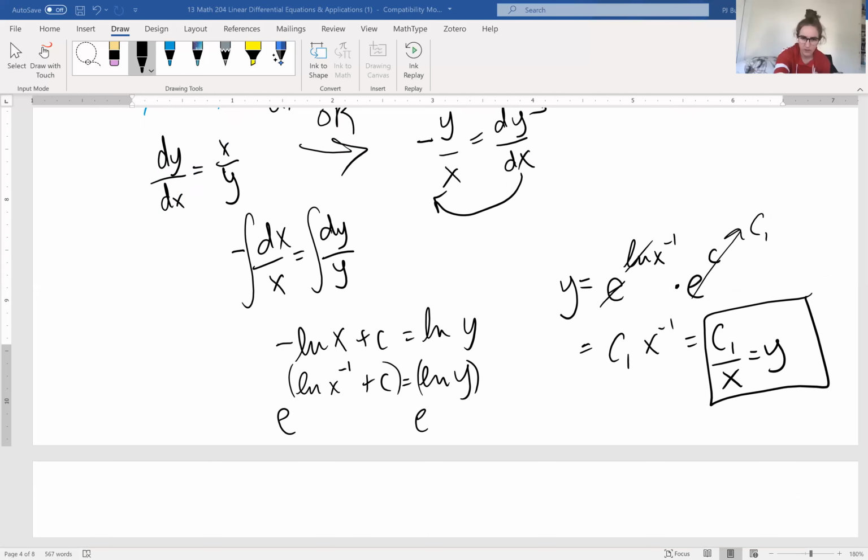Okay, I have a question really quick. I encountered this when I was doing my exam review too. So you know how you add in the e's and stuff. So it turns into the e to the ln x and the e to the c multiplied because you raised that whole term, right?